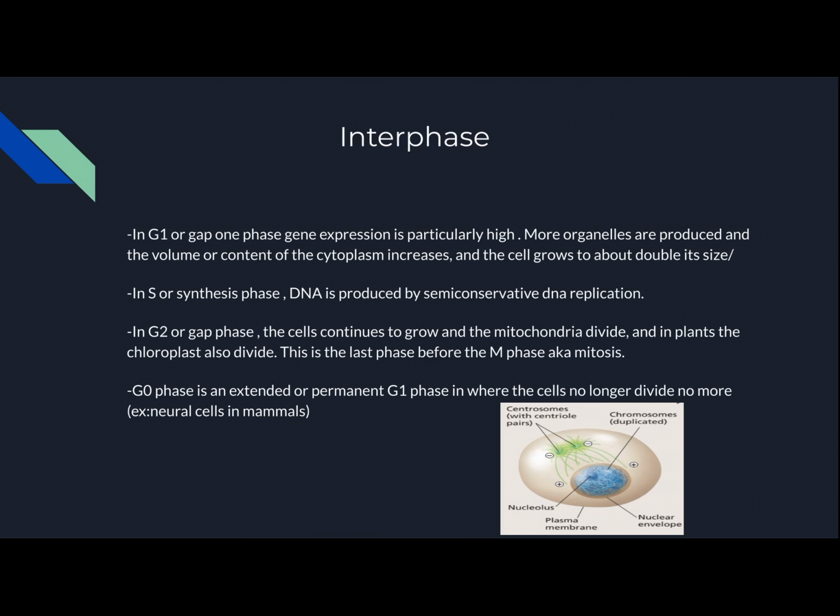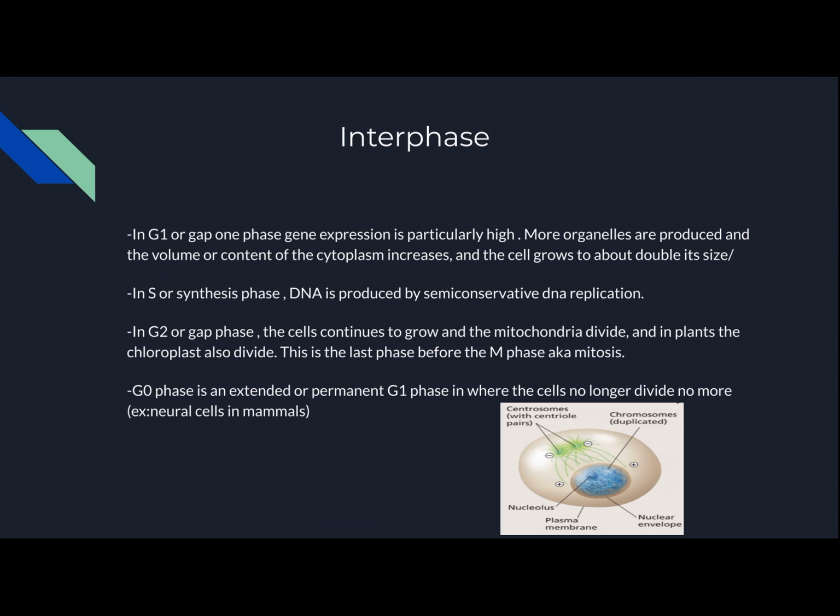Semi-conservative DNA replication is when the DNA that's being produced consists of one parent strand and one daughter strand. Don't worry too much about DNA replication. I had a video on DNA replication, but I'll probably do a more intricate one. Just know that DNA is produced.